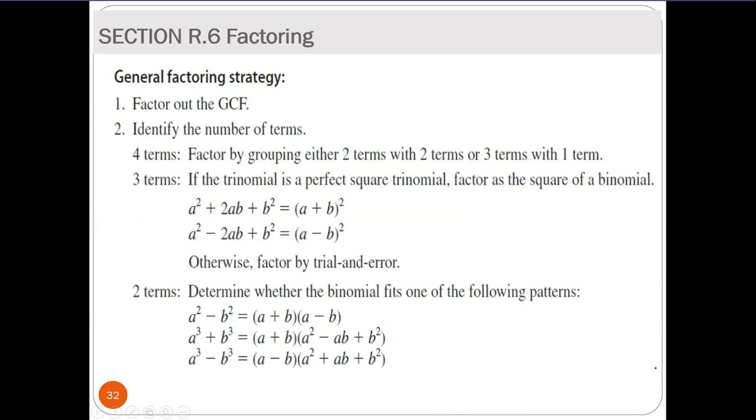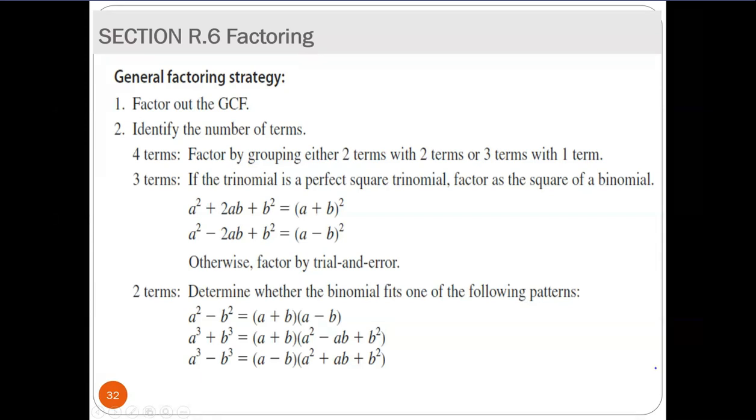Now we have the factorization. Before we study the fraction and how to divide two polynomials, we must learn to factorize the polynomial.